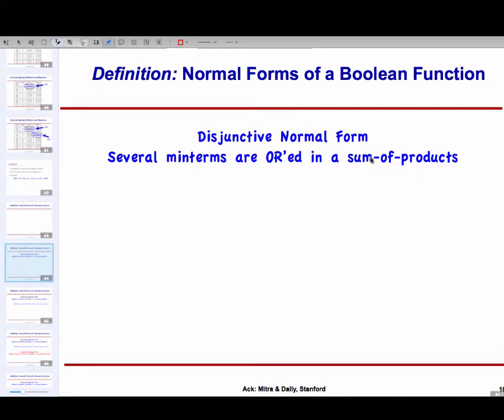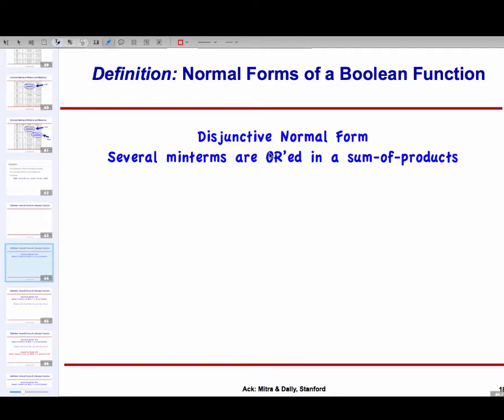Another way of saying it is OR of ANDs. Essentially, at the top level, I'm ORing things together. Disjunction in formal logic means OR. So I'm taking a bunch of minterms and ORing them together. That's why it's called disjunctive normal form.